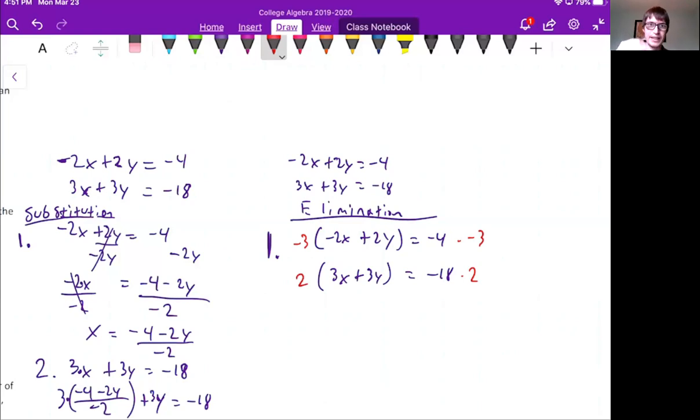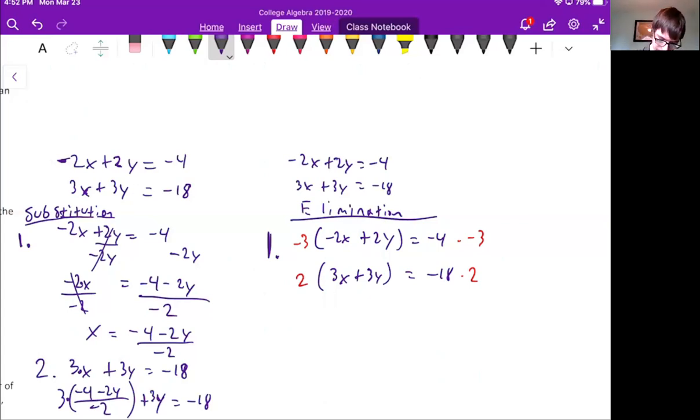So I want to have the same number for either x or y in both equations. When I work this out, I'm multiplying negative 3 by every term in the equation: negative 3 by the negative 2x, negative 3 times the 2y, and negative 3 by the negative 4. Every single term gets multiplied by negative 3.